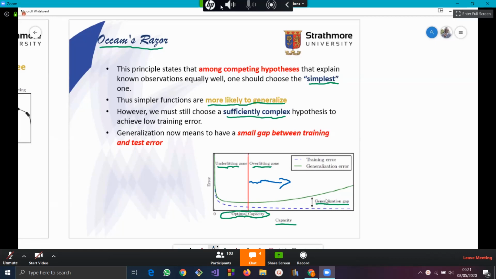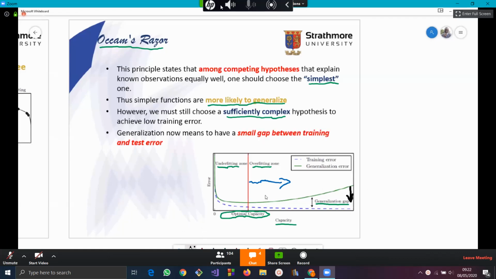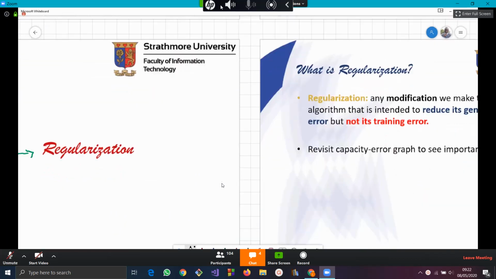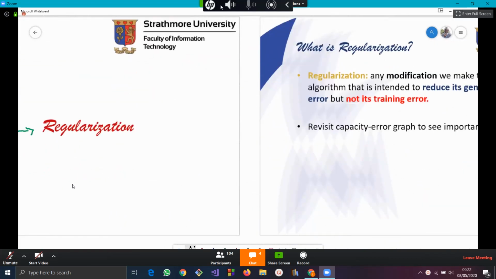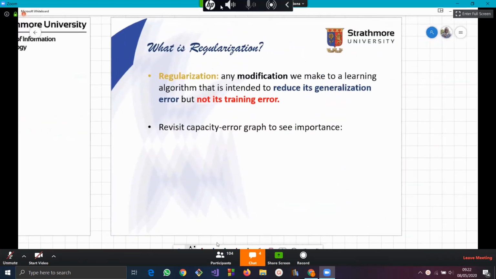And if there's a way we can reduce this guy downwards, then we can increase capacity at liberty and we can maintain this one. That one is achieved by Mr. Regularization.